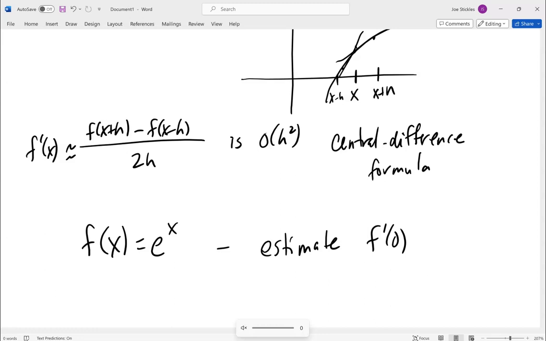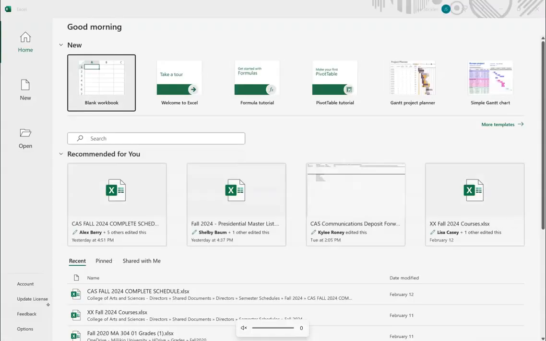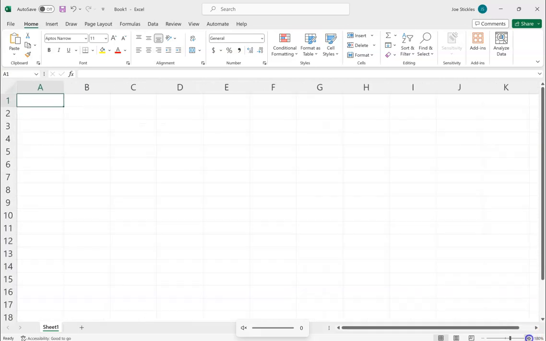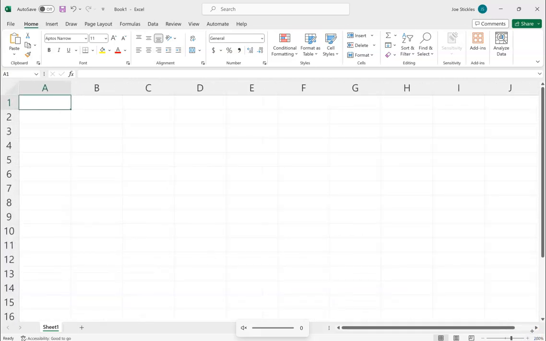Okay. So let's go over to Excel real quick. Good morning to you too, Excel. All right, so let's just start with a small value of h. Let's decrease it by a power of 10 each time. So I'm going to start with an h value of 0.1, and then the next one will be 0.01, and then 0.001, and so on down the line. So let's just put the h's in there.